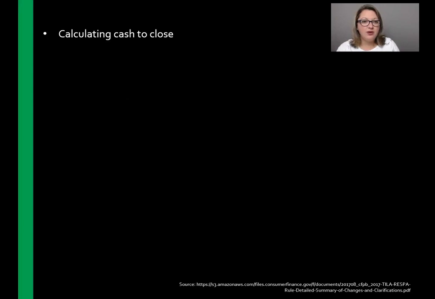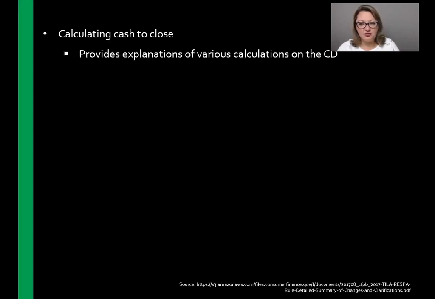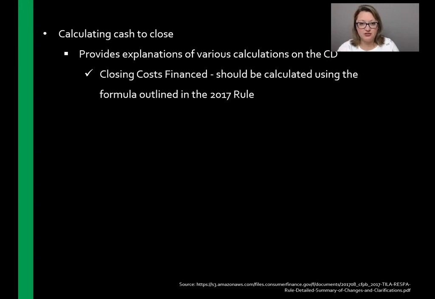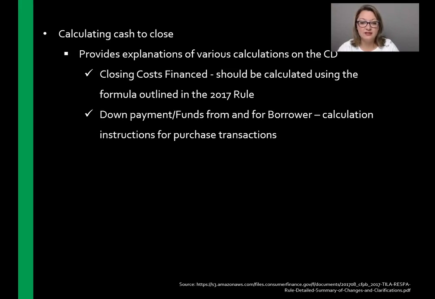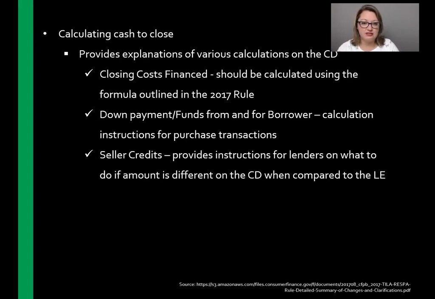The next category is calculating cash to close. So they provide explanations of various calculations on the CD. Again, the closing cost financed, they clarify how they want that to be calculated, and they actually provide a formula. So make sure you read the guideline to see that. They also clarify down payment and funds from borrower, again, calculation and instructions for purchase transactions.